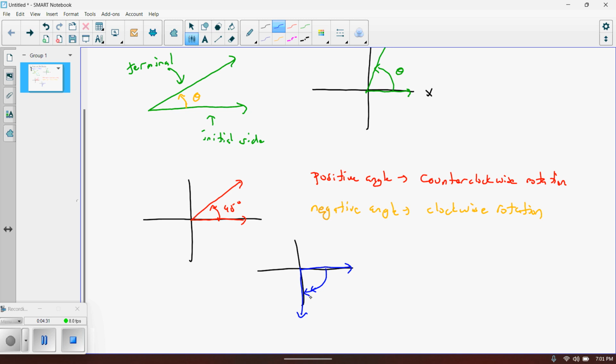So I'll make my arrow go a little bit further, and that would be a negative 90-degree angle. Or 1/4 of a rotation of an entire circle. So again, I am hoping that most of us remember that a full circle, a full rotation to get from the x-axis all the way back around to the x-axis would be 360 degrees.